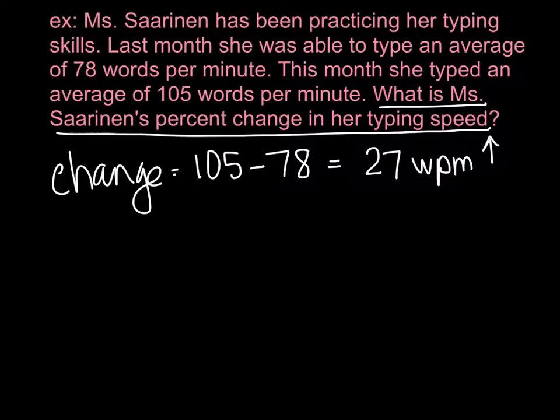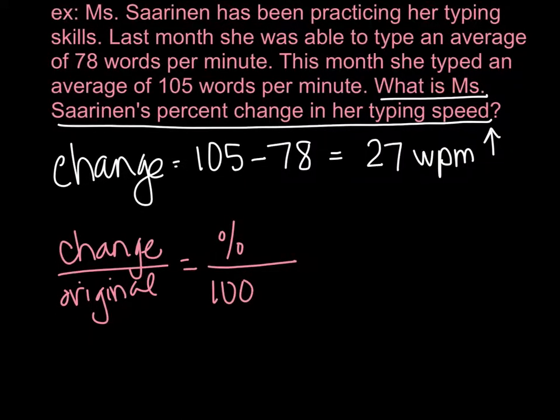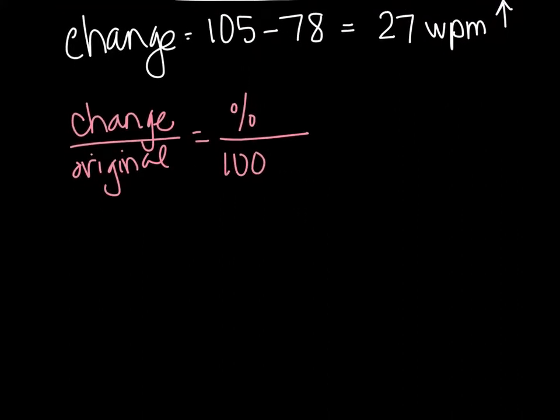All right, so in that instance, instead of this new over old, I'm going to indicate my change over the original is equal to percent out of 100. Okay, so now we're going to start to set this up just like every other proportion problem that we've done.